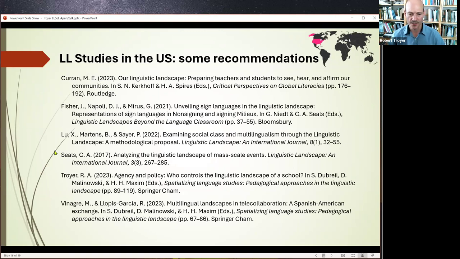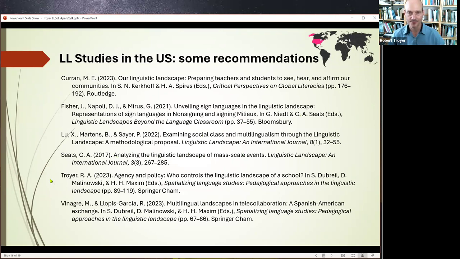And then I mentioned political demonstrations. Seal's 2017 article about the linguistic landscape of mass scale events is an excellent article for looking at methodologies for capturing these kinds of multimodal events, which are a very important area in linguistic landscape research.